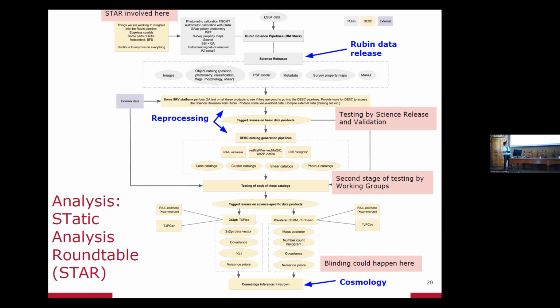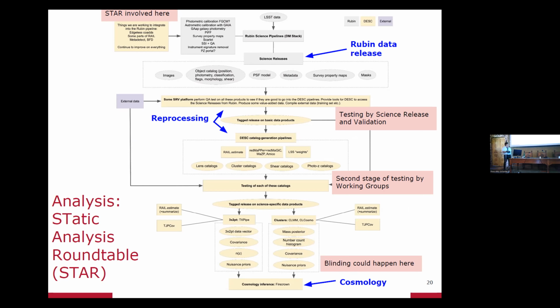So here is a chart. At the top you have the data coming from the Rubin data release. Then there is all the internal reprocessing occurring inside DESC in order to provide the so-called DESC catalogs, including the lens catalog, the cluster catalog, the shear catalog, the photo-z catalog, and so on.